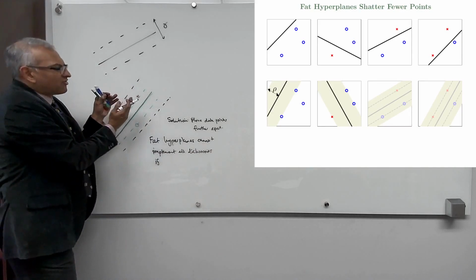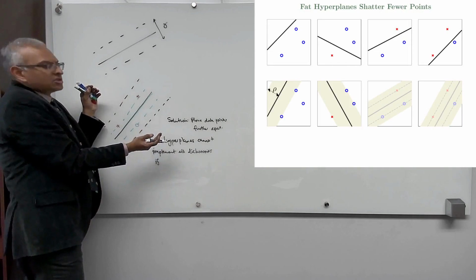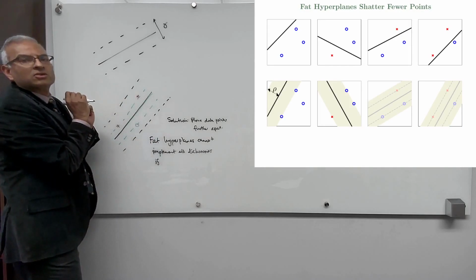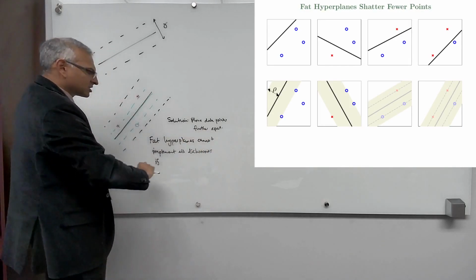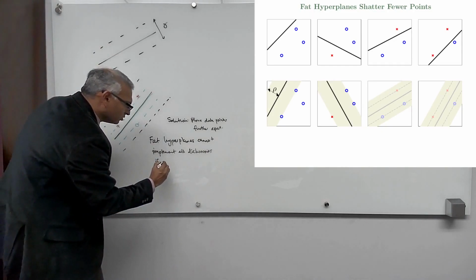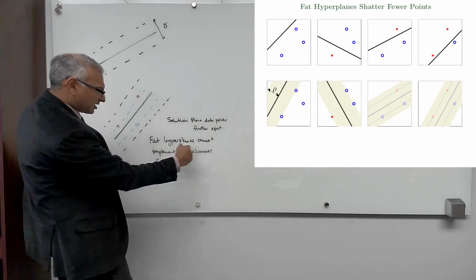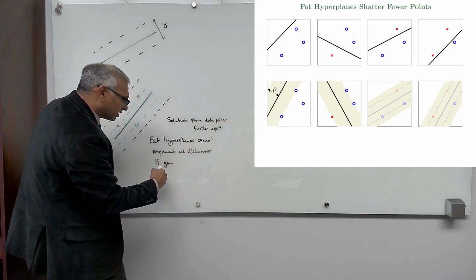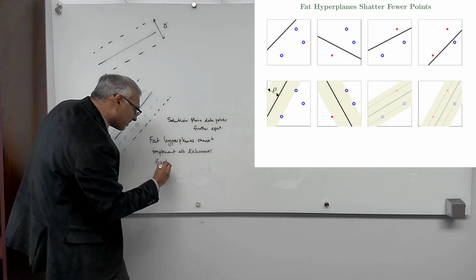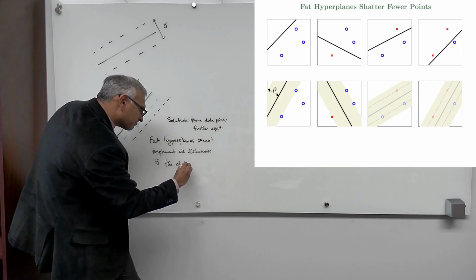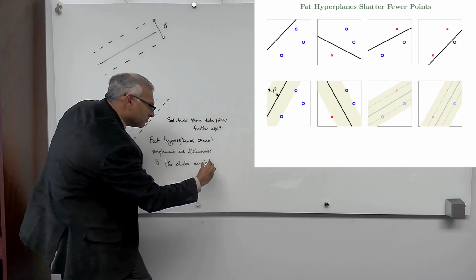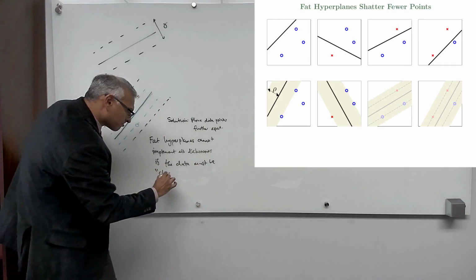So what matters is how far apart can you move the data with respect to the thickness of the hyperplane you're considering. So fat hyperplanes cannot implement all the dichotomies if the data must be close together.